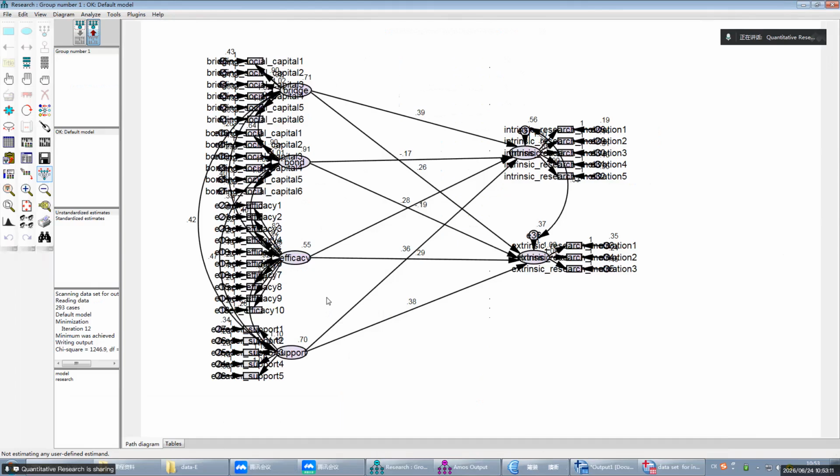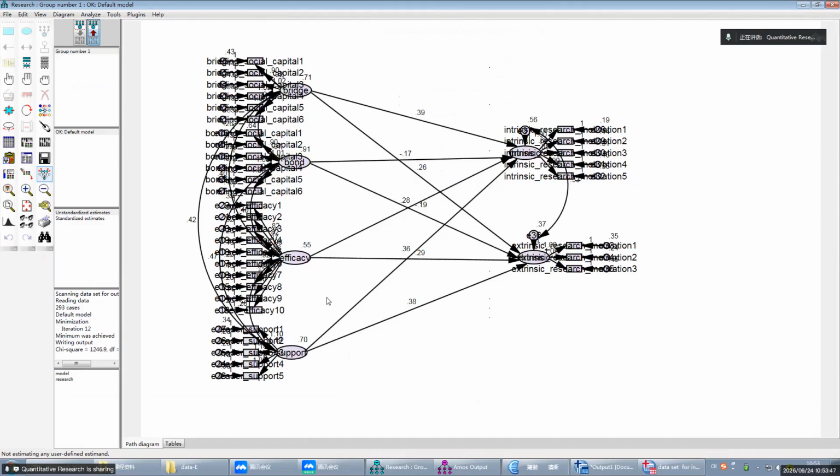Of course, apparently they are different, because bridging social capital, bounding social capital, and leader support are environmental, contextual factors, right? Efficacy, self-efficacy, is a personal factor, right?